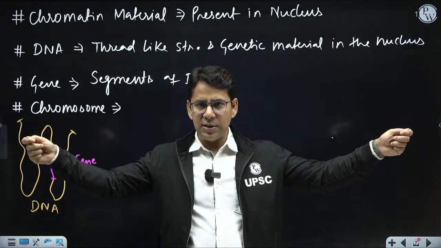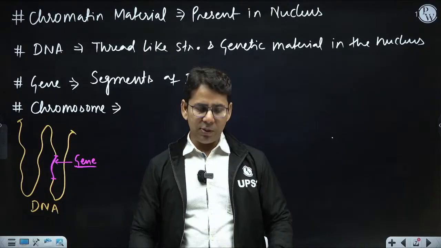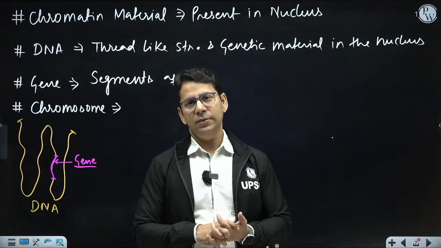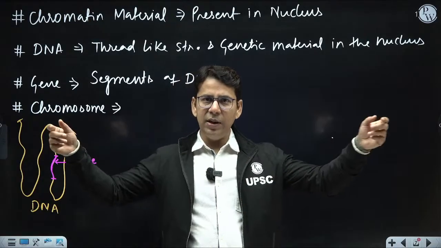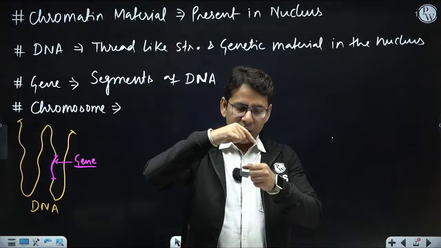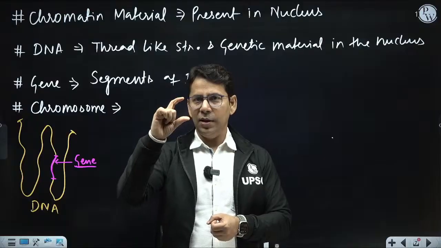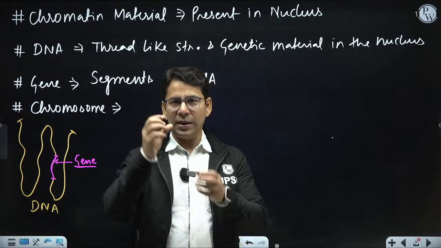So this is the thread, and it has color bands. These are the genes. But when you go to the market to buy thread, it will not be given in an open condition. The thread will be given in a reel, a coiled, very nicely packed reel-like structure. And then you will use this reel.